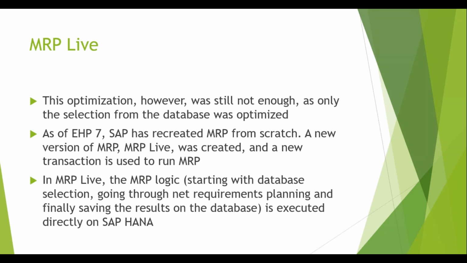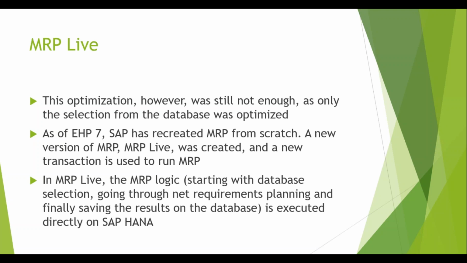How? As of EHP 7, SAP has recreated MRP from scratch. A new version of MRP called MRP Live was created, and a new transaction is used to run MRP. If you are using MRP on HANA, as I told you, the same old transactions MD01, 2, 3, 4 and all other transactions can work.